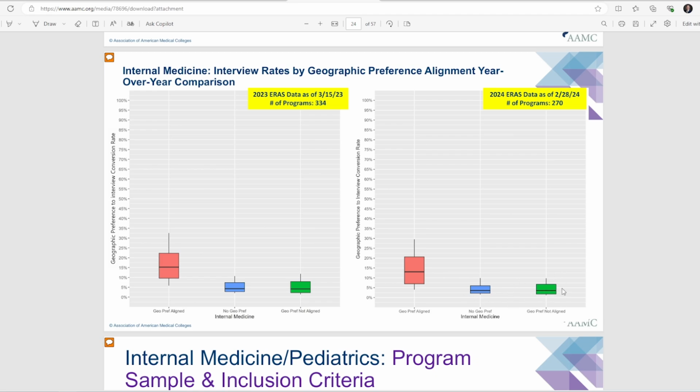If you apply to a program outside the 3 geographic preference areas that you picked, your chances of converting to an interview is the same as those who did not pick a preference. So these people are losing on this huge opportunity of almost tripling or doubling their conversion rate for getting an interview. This one is less than 5%. This one is around 13%. So around 2.5x the conversion rate. So why lose on that opportunity?